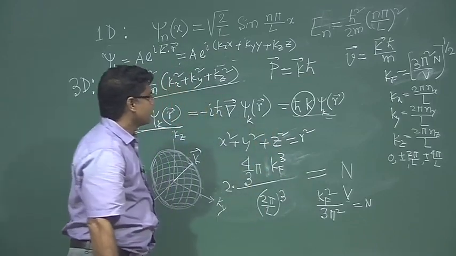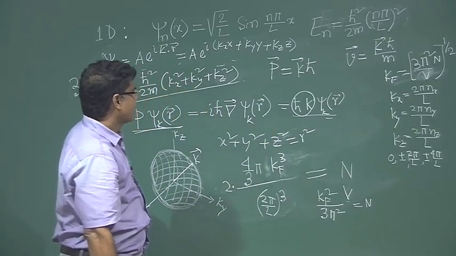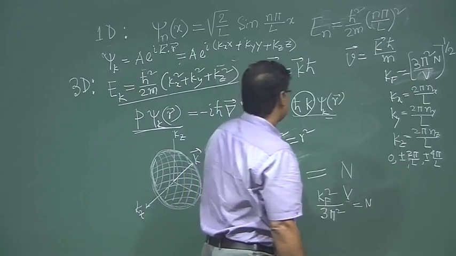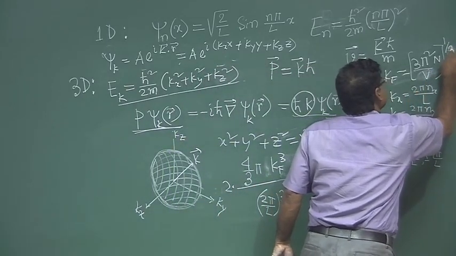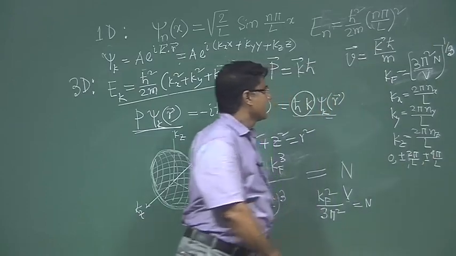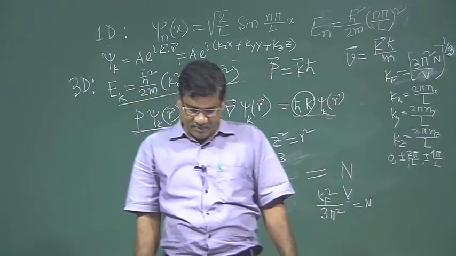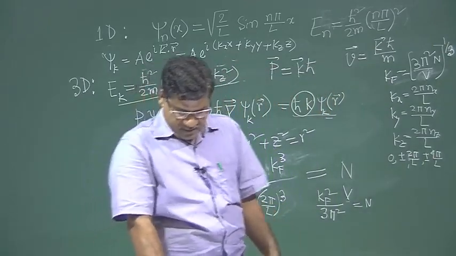That is the reason I was not able to get the correct result for kf. So, it should be kf equal to (3 pi square n by v) to the power 1/3.